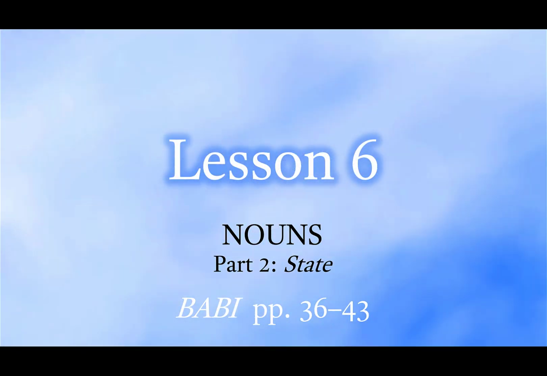Well, that was a quick tour through the different states of nouns in Biblical Aramaic. And a really important thing to understand is that unlike Biblical Hebrew, definiteness is communicated through a determined state. And sort of a footnote to that is some resources call it the emphatic state or even the definite state.